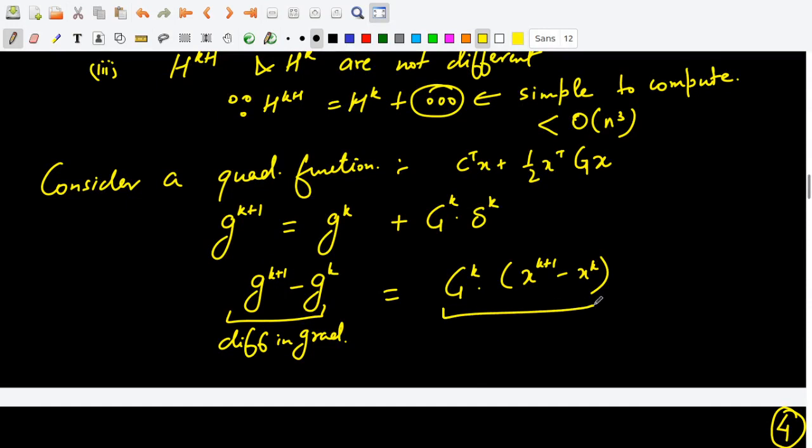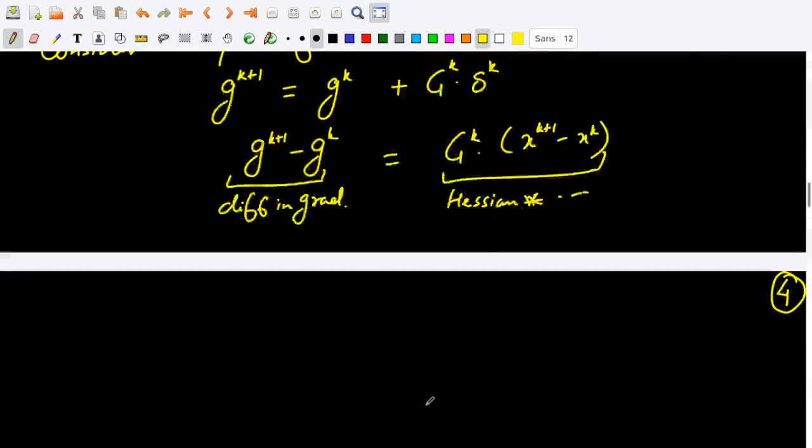So Hessian times the change in the coordinates.